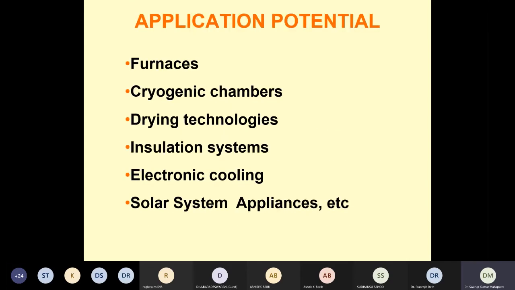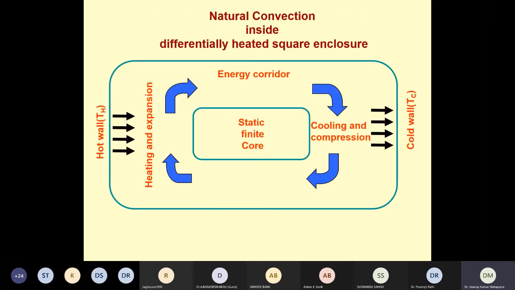This is a very simple, straightforward problem in which one side wall is hot, maintained at a higher temperature compared to the other wall. You can think of one side being exposed to the atmosphere, so that wall is cold, at the same temperature as the ambience. The other side is heated up, so what happens? The other two horizontal walls are insulated.